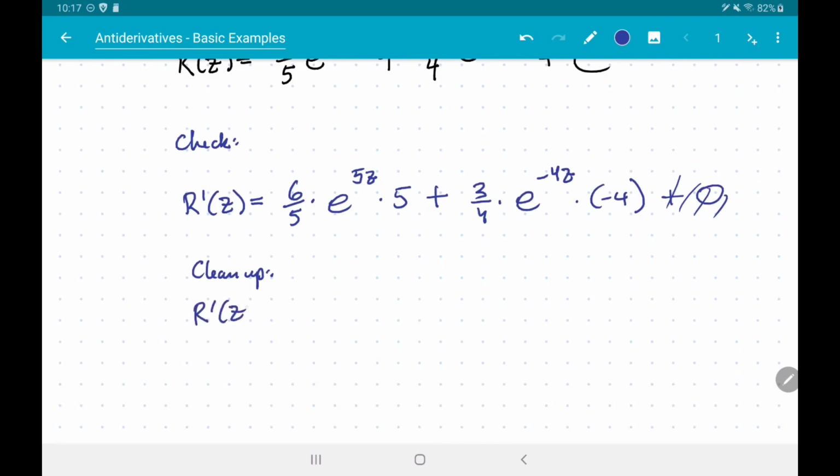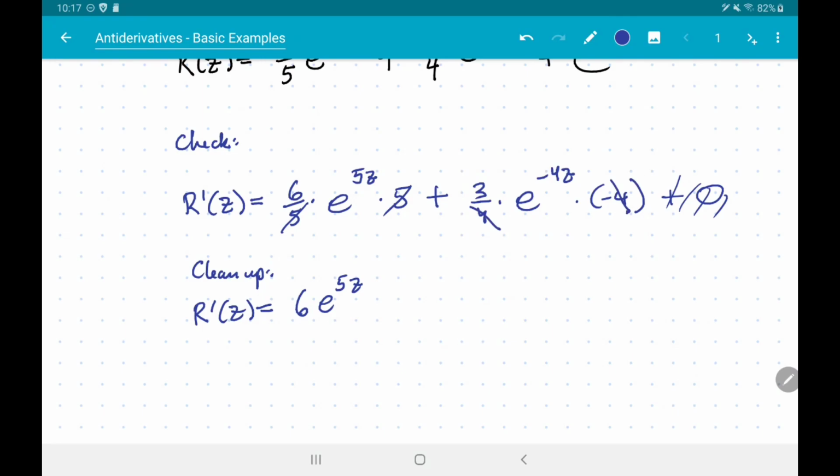r prime of z is, well, in this first cluster of factors, we can simplify the 5 and the 5 in the denominator to leave 6 e to the 5z. In the second cluster of factors, we can cancel a 4 in the denominator with that 4 on the outside, but then we're left with a negative.